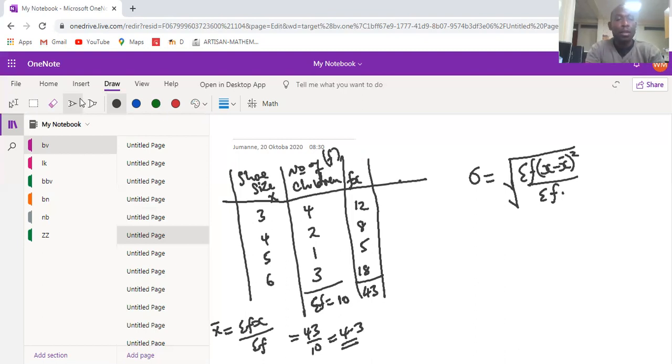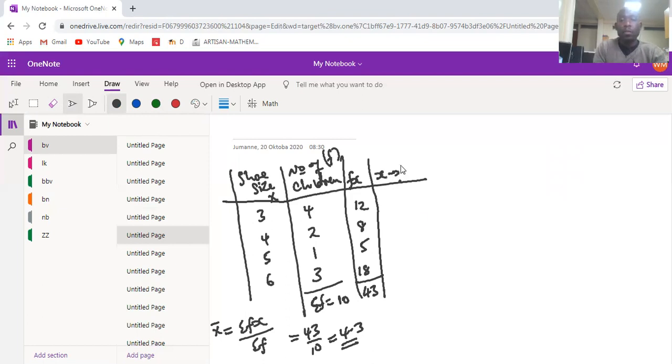Let me create more space here. You will come here and do this. You will have x minus x bar. Then you will have x minus x bar squared.